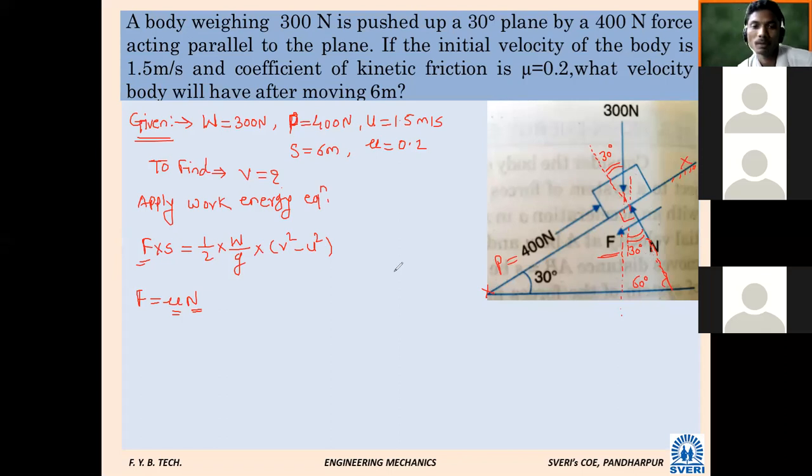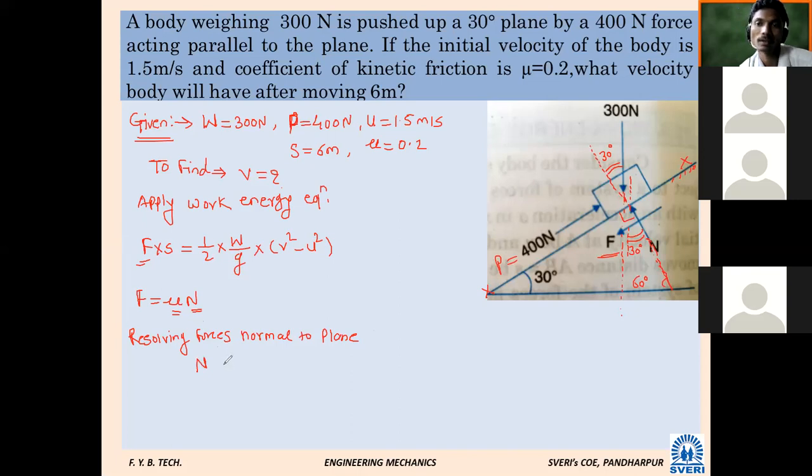Upward. So I will write here, resolving forces normal to plane. N will be positive.